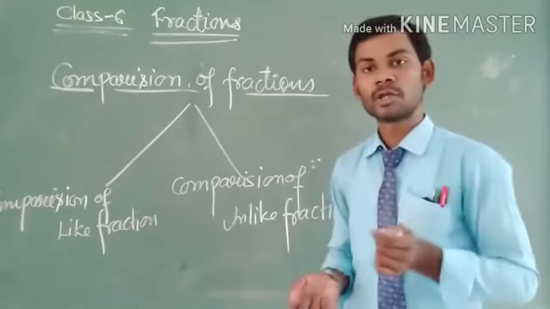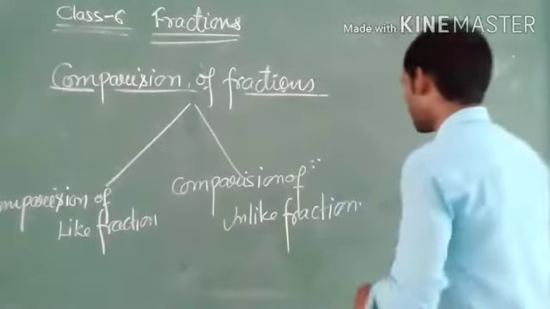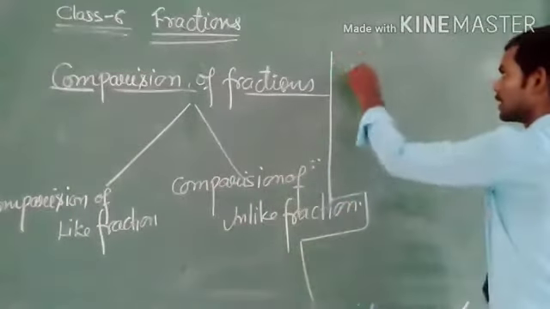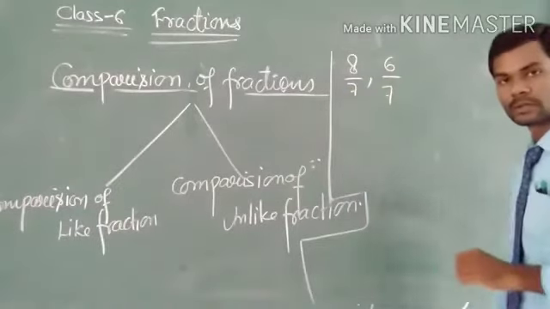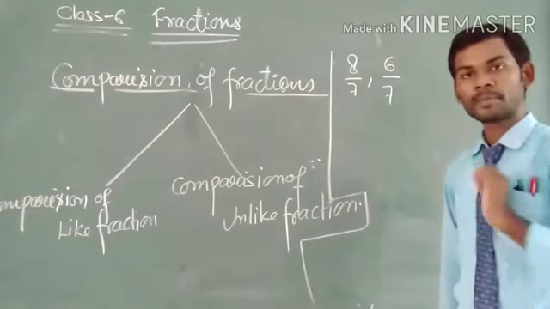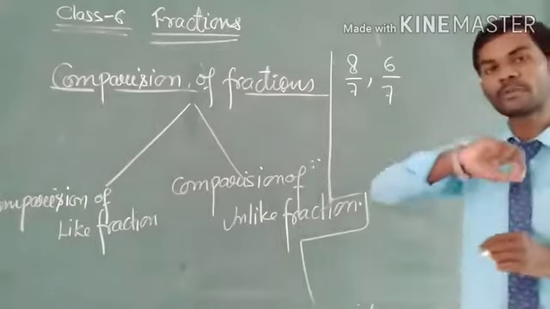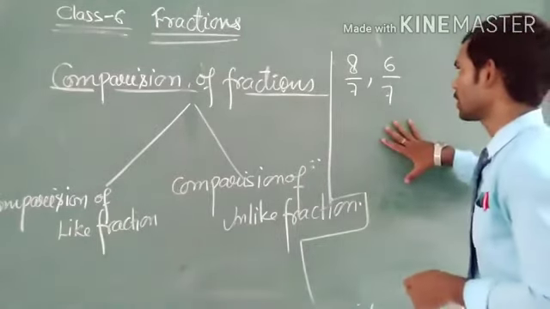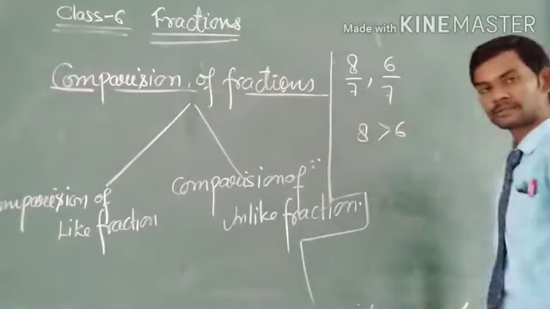There is no doubt. So here we see only the numerator. If we have two fractions, 8 upon 7 and 6 upon 7, there are two like fractions and we have to compare them. So in this way we just see the numerator, and here we find that 8 is greater than 6.